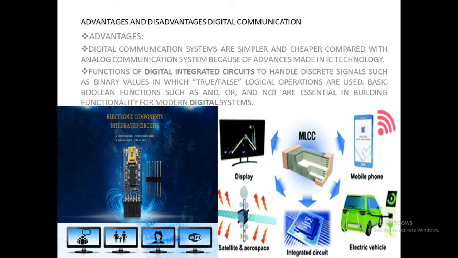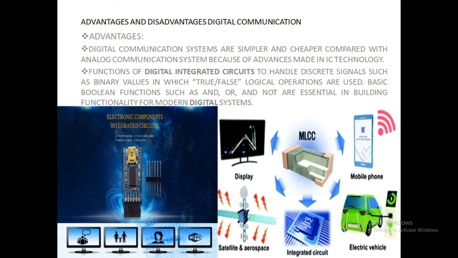So, how is it linked to digital communication? The digital communication system is simpler and cheaper when compared to the analog communication system because of this advancement in IC technology. Nowadays, whatever we are using, like laptops or mobiles or any equipment, these are integrated with ICs.